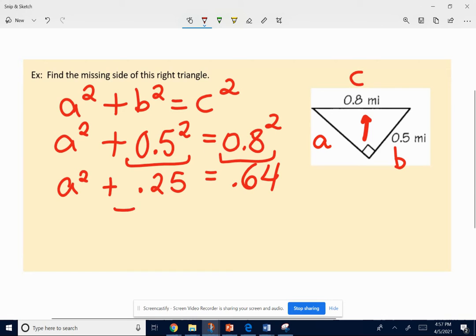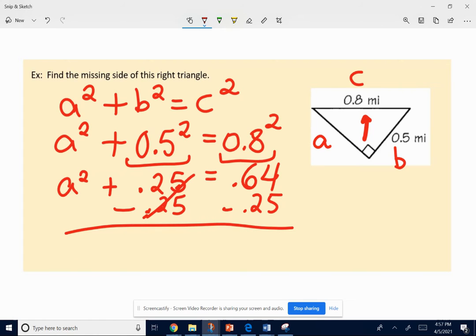So I need to subtract 0.25 from each side because I need A squared to be alone. Let's see, 0.64 minus 0.25 is 0.39. So A squared is equal to 0.39.